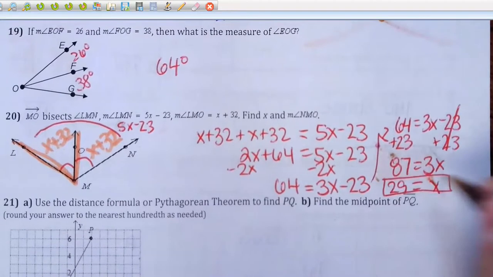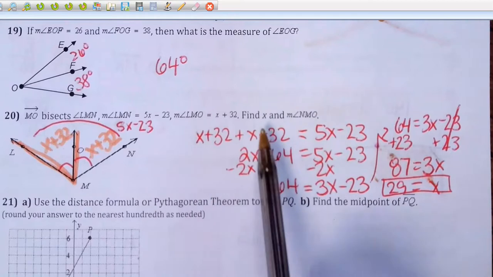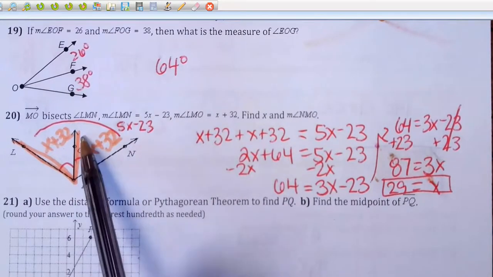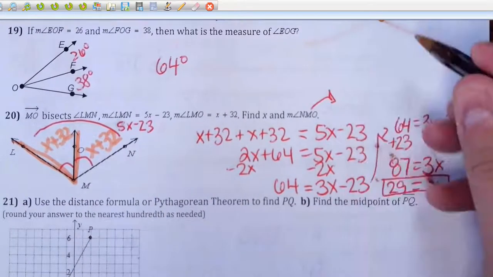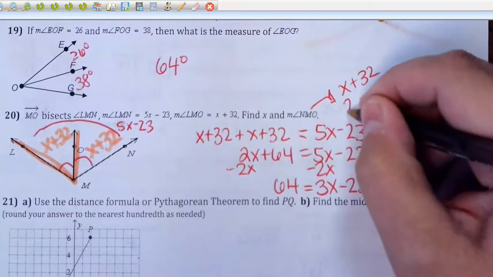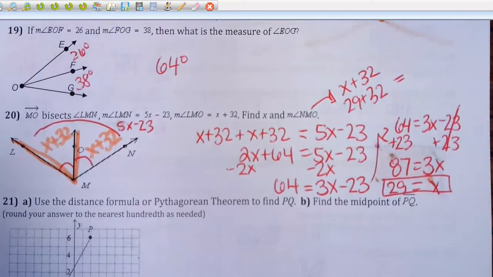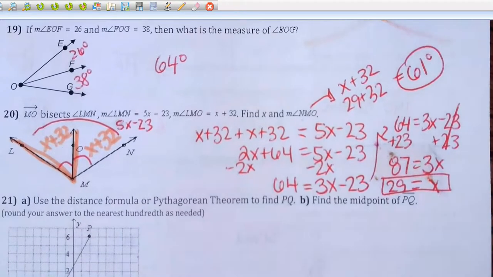Now, if you want to plug back in to find angle measures, NMO would be this angle just right here. That's the x plus 32. Now I know that x is 29. I just add those together. So 29 and 32 is going to give me 61 degrees for angle NMO.